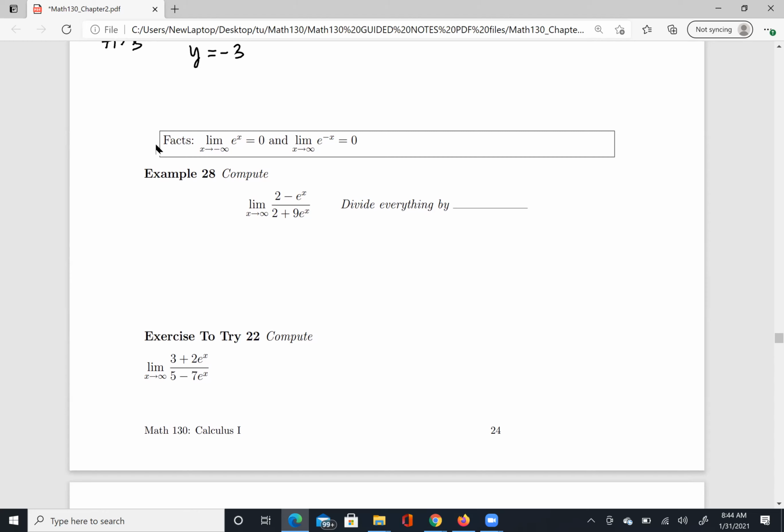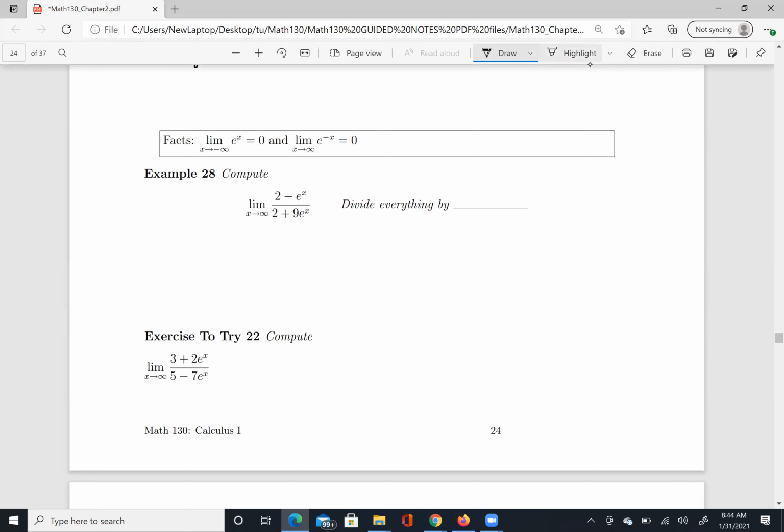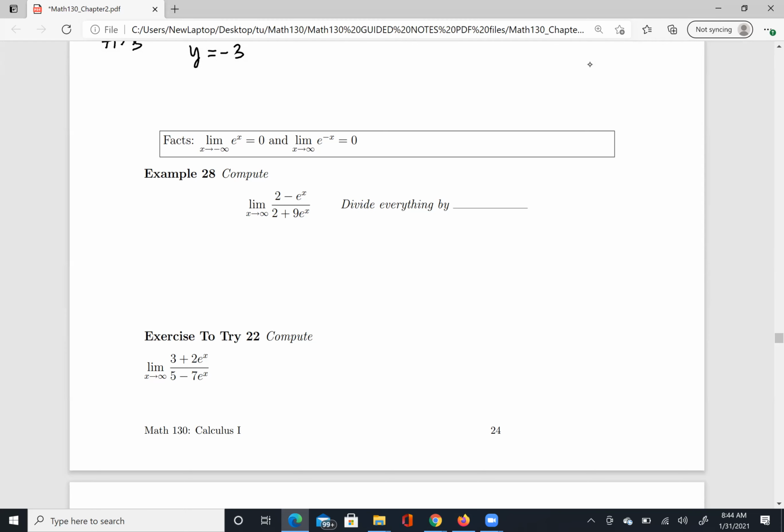What we do is divide everything by e to the x, both top and bottom.